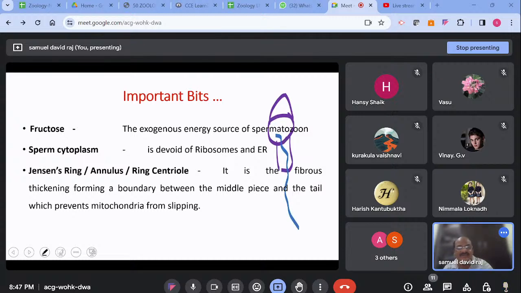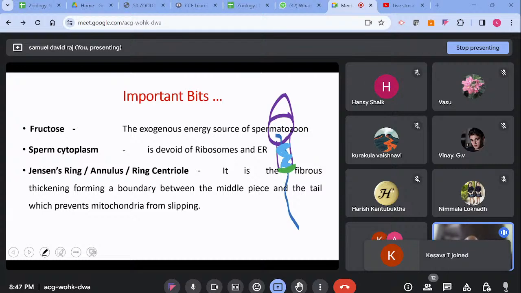There are mitochondria in the middle piece, and in order to see that the mitochondria do not slip off, the membrane in the middle piece region is highly thickened. Thus, it forms a junction-like thing.